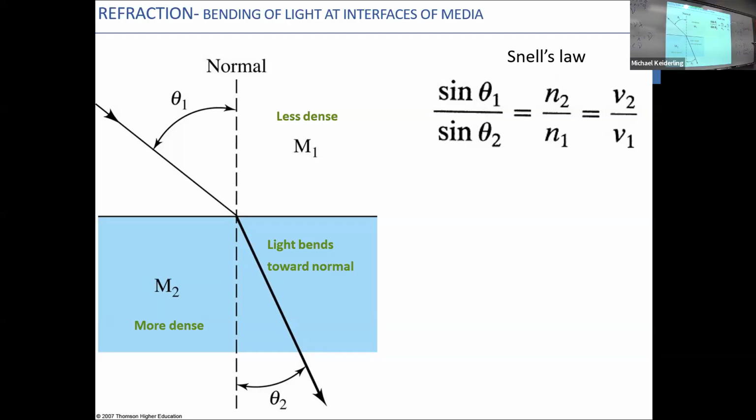If you do the opposite, it will bend away from the normal. And by changing the shape of the surface, you can ensure that light that comes in one way ends up coming out another way, and you can focus it that way.